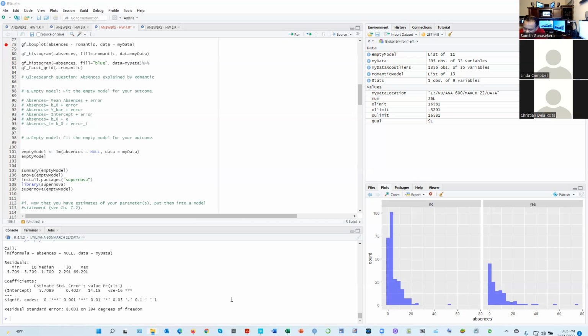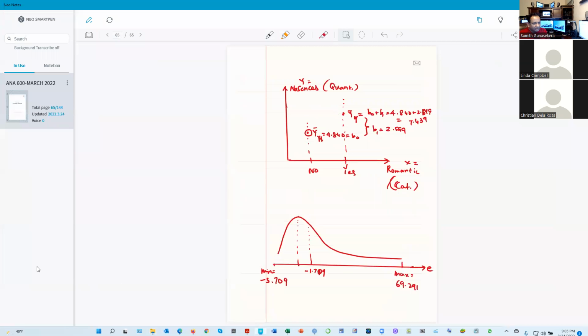This is the error. The minimum is negative 5.709.